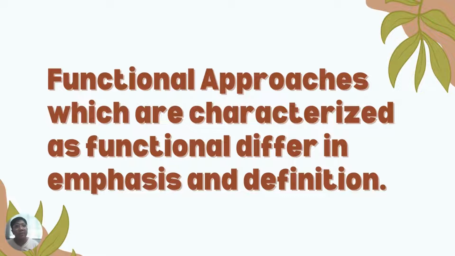And definition is the meaning of the functional approaches. We're going to dissect that all the more. Although they differ in emphasis and definition, they also share the following characteristics in general opposition to those in the Chomskyan tradition. So what is the Chomskyan tradition?